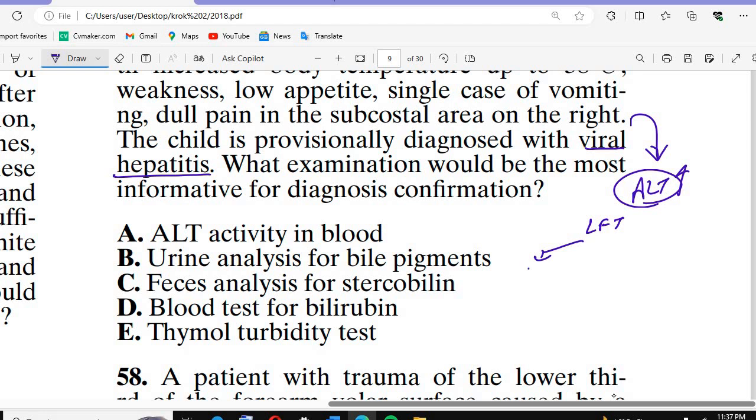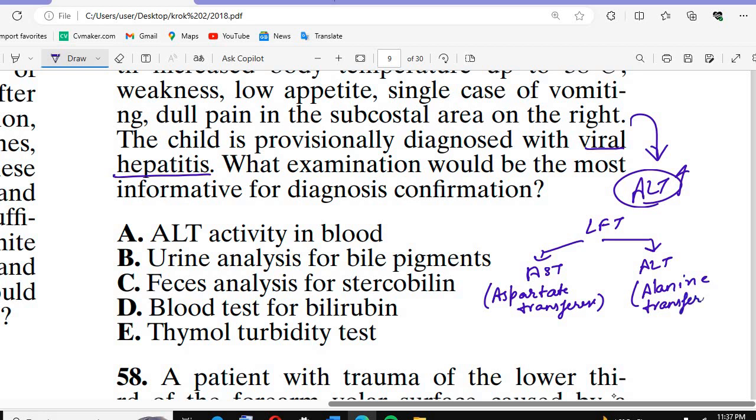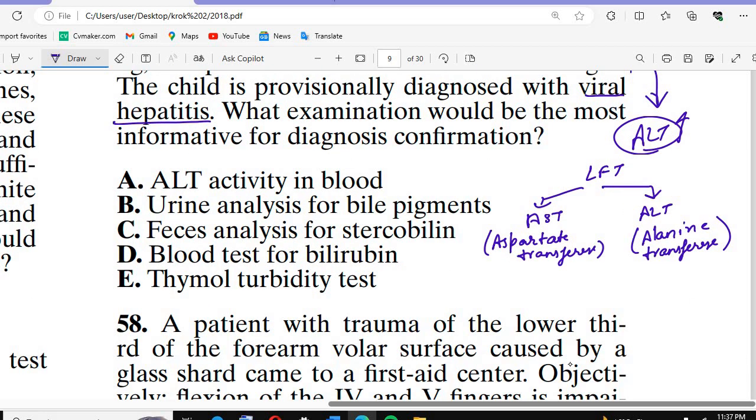In LFT, what do we check? We check the liver function tests: the AST and the ALT. ALT means alanine transferase, and AST is aspartate transferase. AST, or we can say SGOT, where O means alcohol, so alcoholic liver disease.